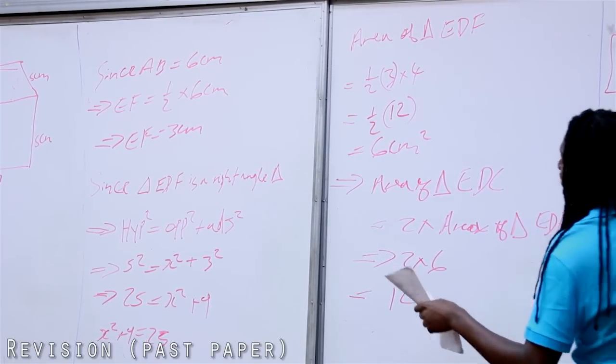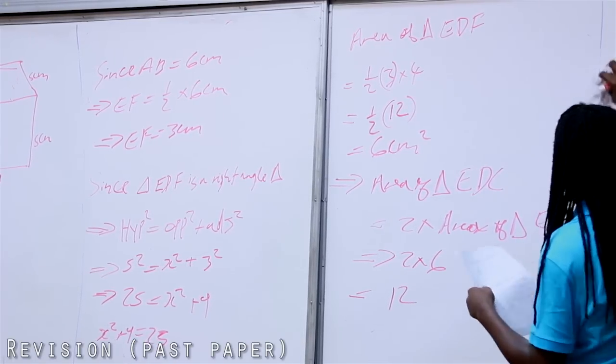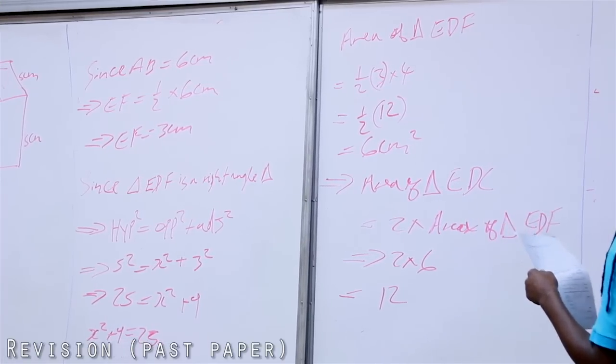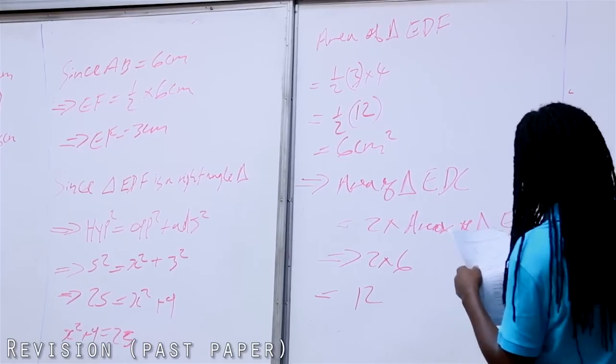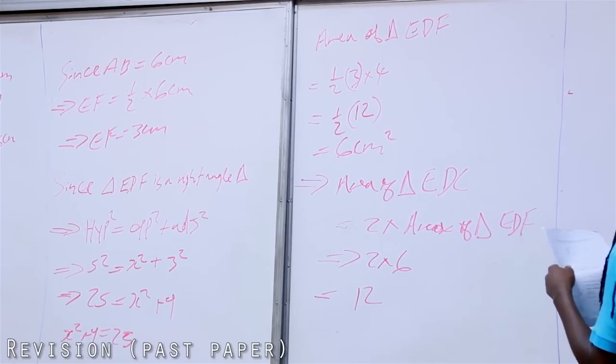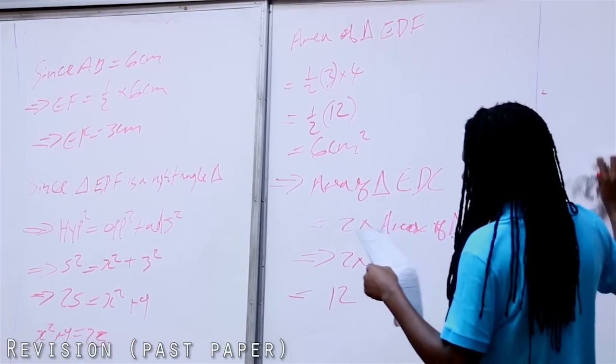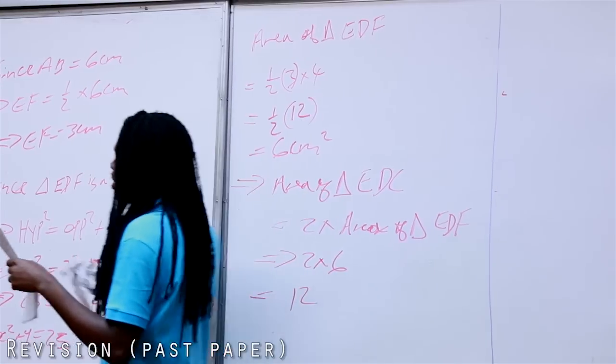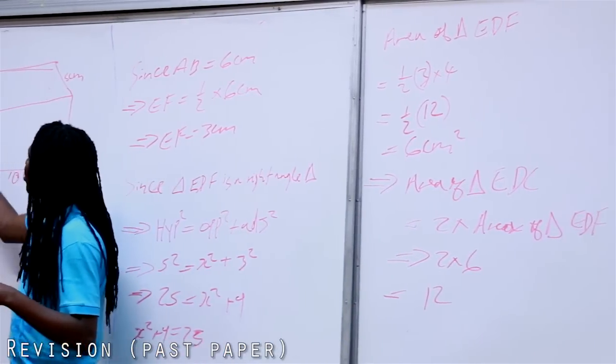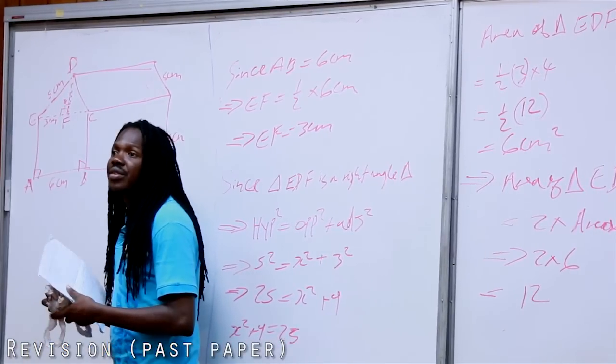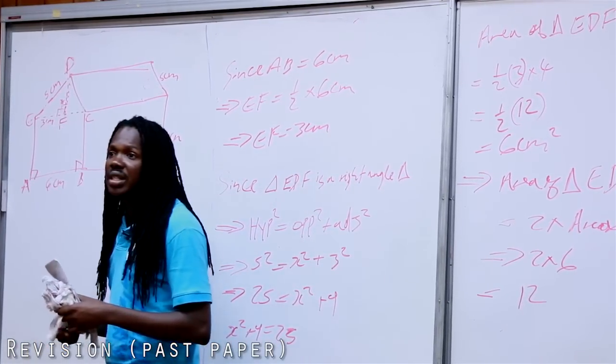Now the area of this is a square. Length times width.